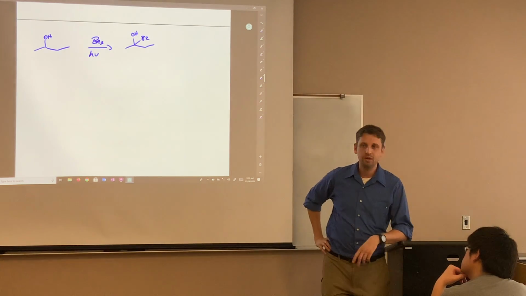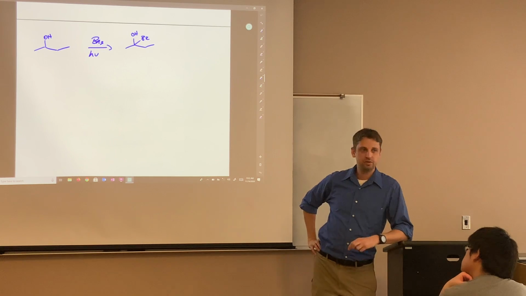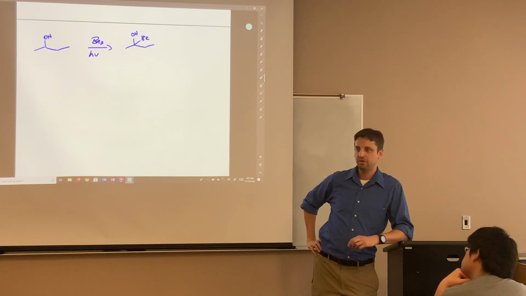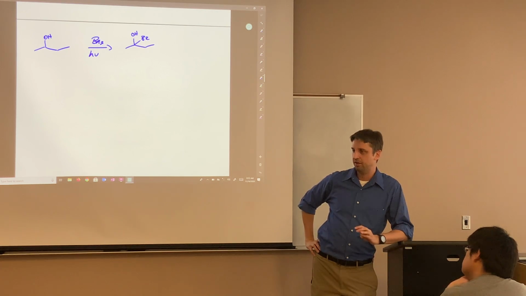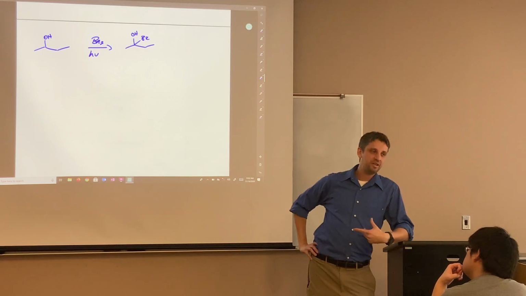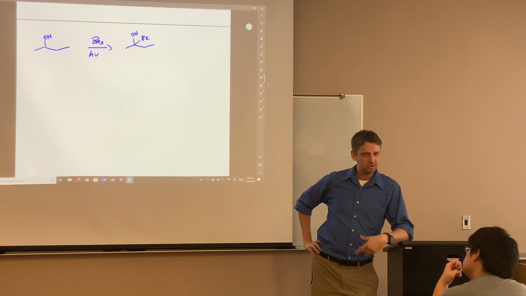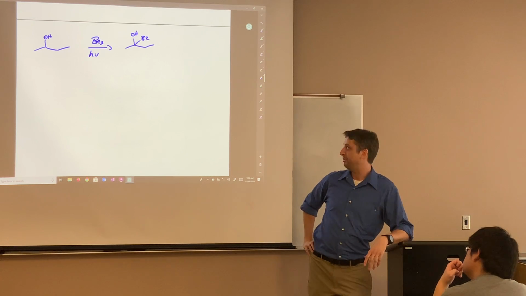Question, how many times have we seen that setup for an alcohol and a halogen? All semester long. How many times have we ever seen a halogen and an alcohol on the same carbon? Never. So what do you guys think? When is that ever going to happen? It's not.